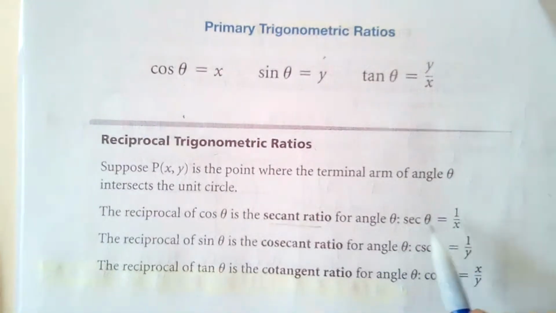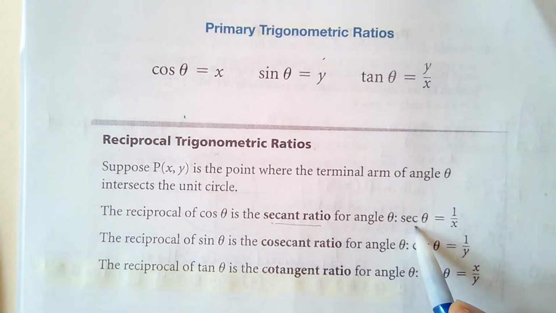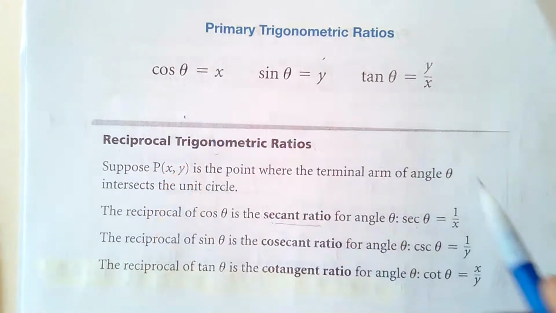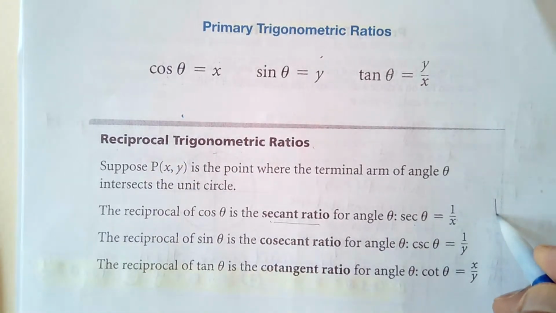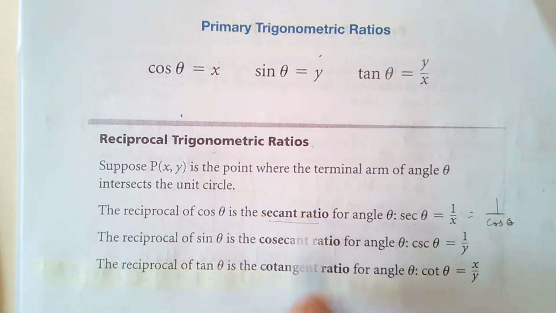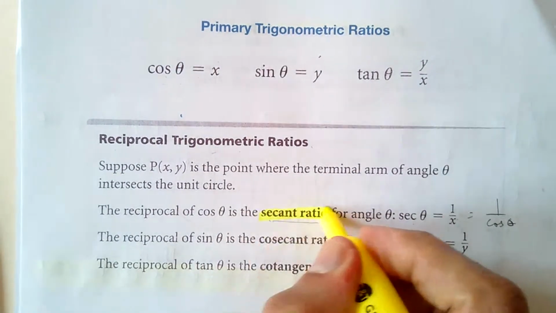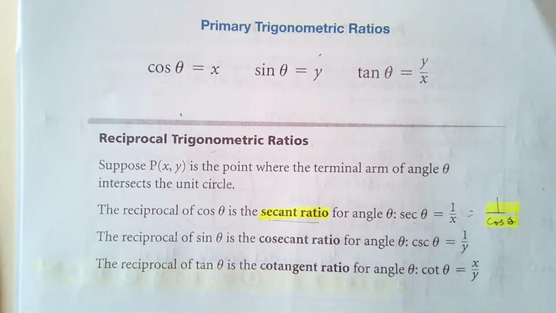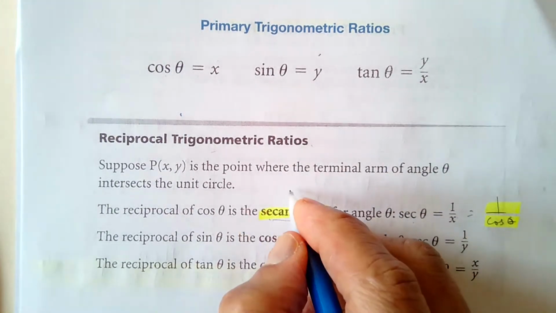Secant is 1 over cos. Cos is x, so 1 over x. So in other words, 1 over cos theta is referred to as secant. So secant, you can put that here, is 1 over x.